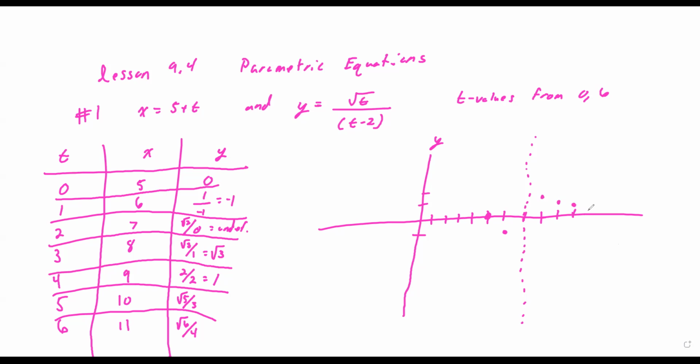And then I would get 11, square root of 6 over 4, which is even smaller than that. So I'd probably get something like this, and then something like this. And then I think they just have you plot the points and then connect them, and that's pretty much it.